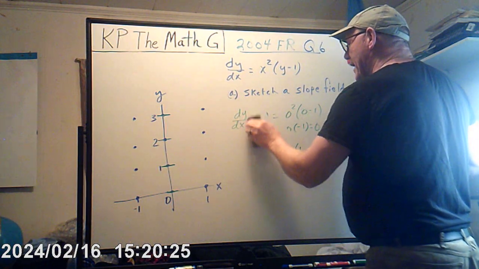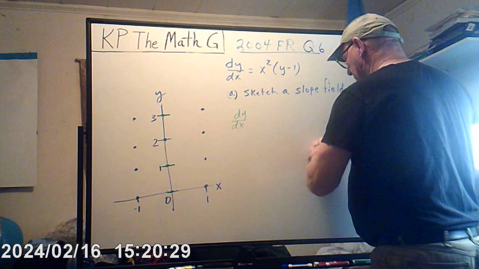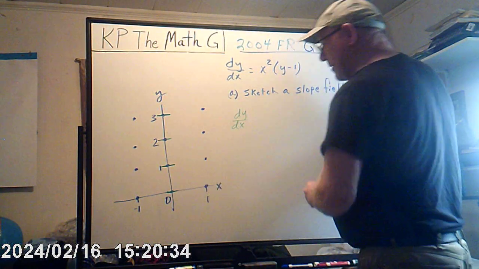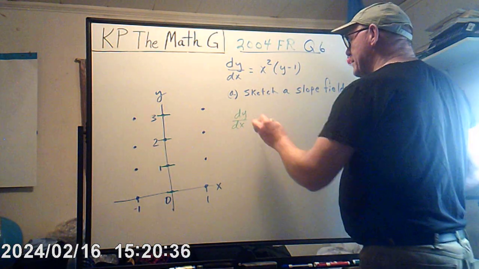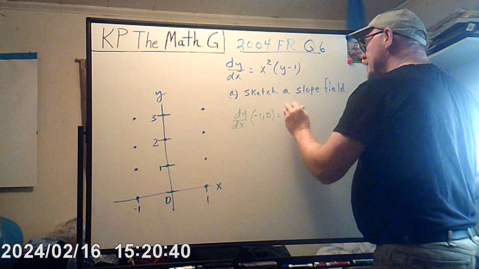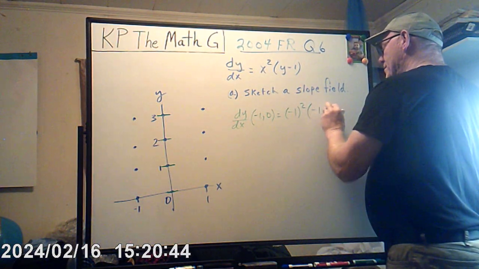Let's look at negative 1, 0. Negative 1, 0 is negative 1 squared times negative 1 minus 1.